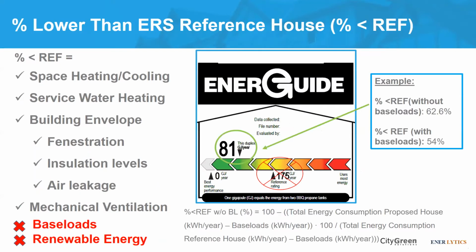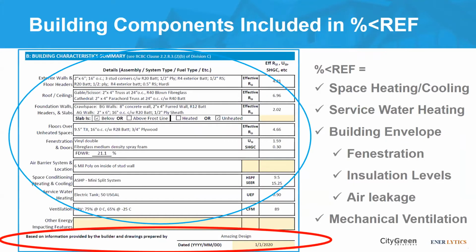In the BC Energy Step Code, the percentage lower than the ERS reference house includes all the same components as the EnerGuide rating system reference house, but it does not include base loads or renewable energy. When we're looking at section B of the BC Energy Compliance Report, all of the building characteristic components are included in the percentage less than reference house.